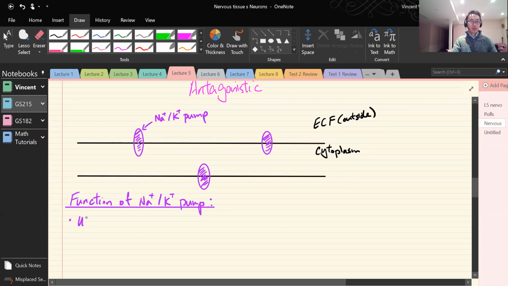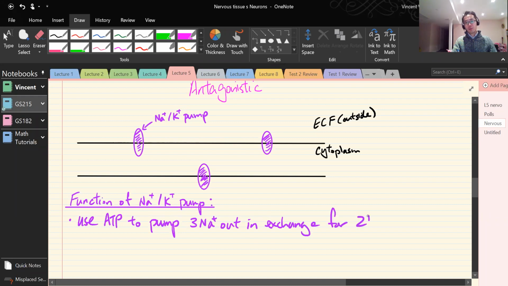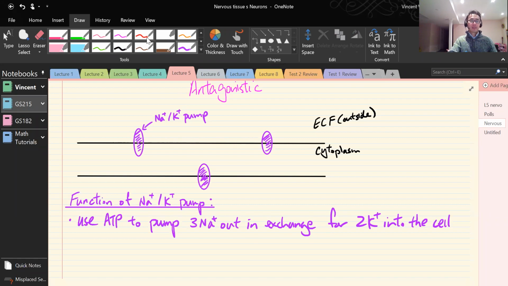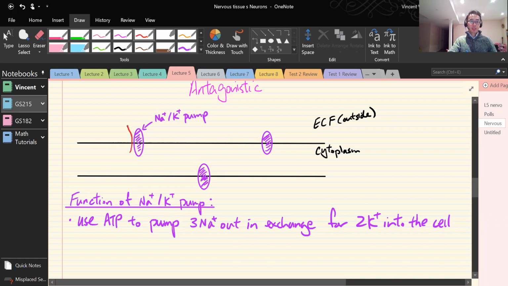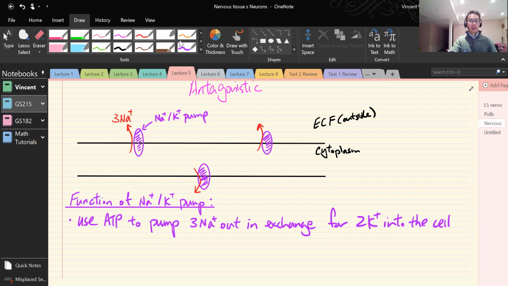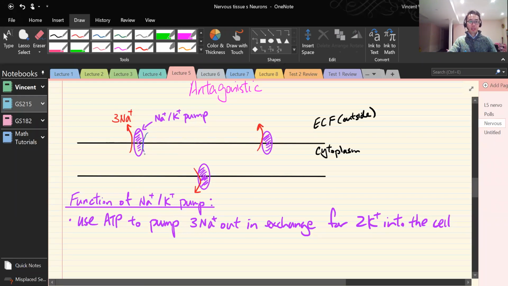It will use ATP to pump 3 sodium out in exchange for 2 potassium in. So we're pumping out 3 sodium, and in exchange, we will be bringing in 2 potassium. Like that.